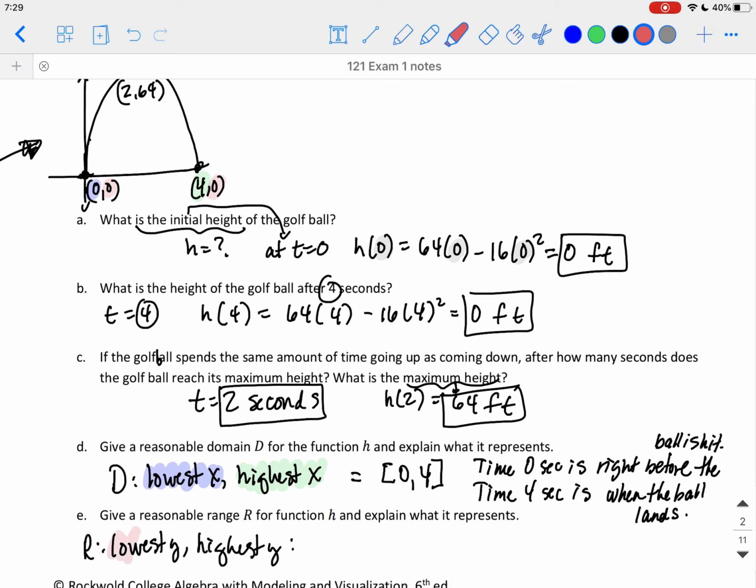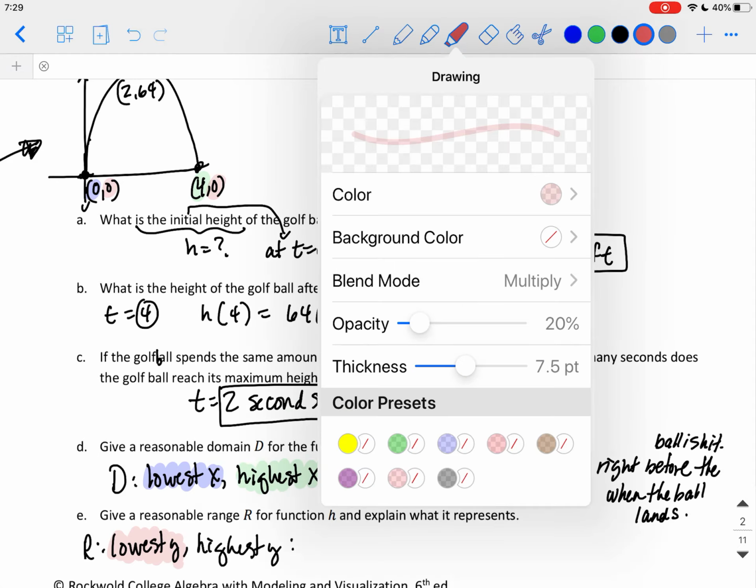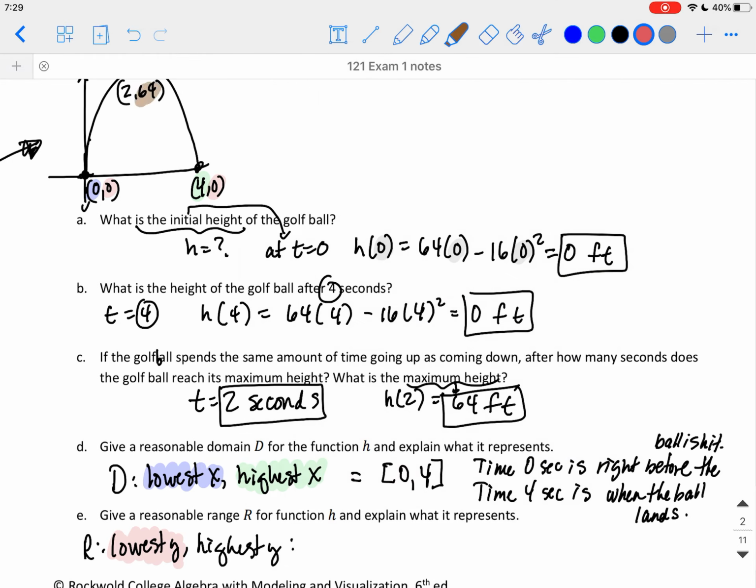That's our lowest y. And our highest y is this value right there. All points are included. They're closed circles. So it's going to be bracket 0 to 64.